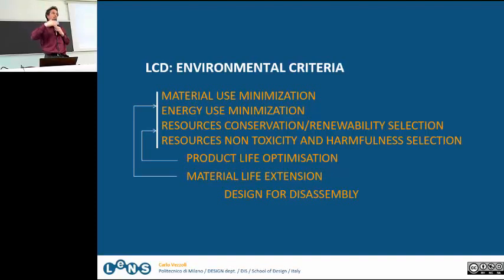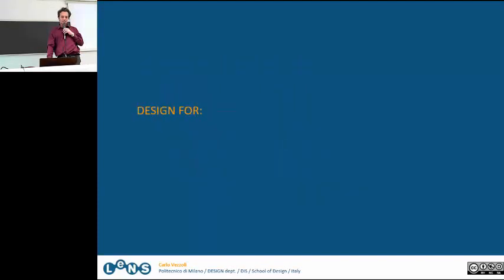If you design a product that lasts for 10 years, we will see that later a bit better with the scheme, compared to another one that lasts 1 year, you have 1/9 of pre-production, production, and distribution phase, and so on. Sorry to go on. And design for disassembly is functional to product life optimization and material life extension. And very briefly, we will see this.